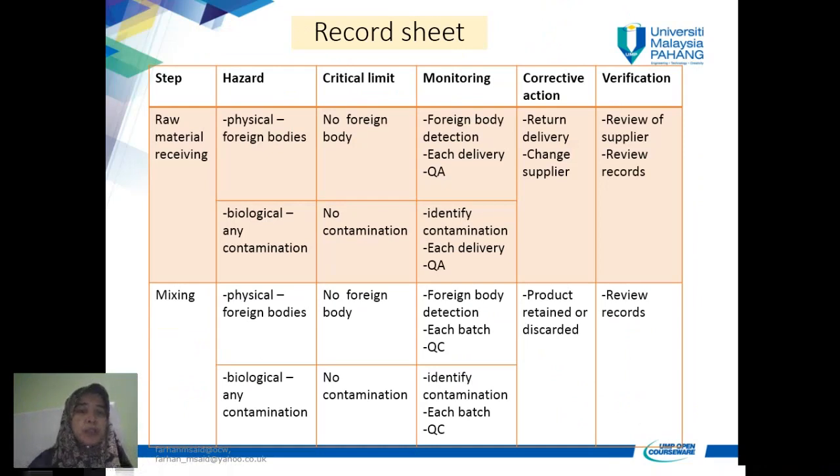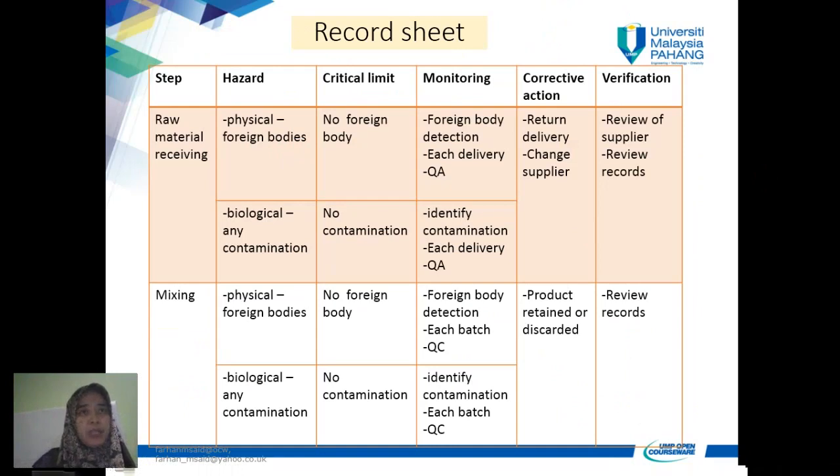For the first one, under physical hazard, we can think that foreign bodies can affect the raw material, so that is physical. Then for biological, any contamination, for example if the raw material is contaminated, it could be biological. How about the chemical?